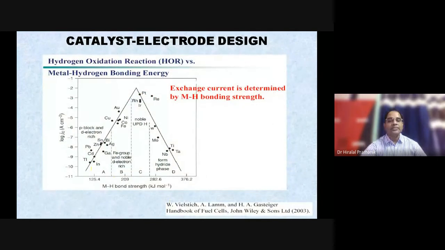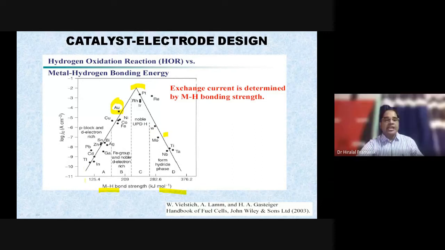If you see how to select the material, J naught is highest for platinum, rhenium, and gold, because the metal-hydrogen bonding is in the intermediate range. That's why J naught will be higher, right? If the bond between metal and hydrogen atoms is very strong, then the current will be low.